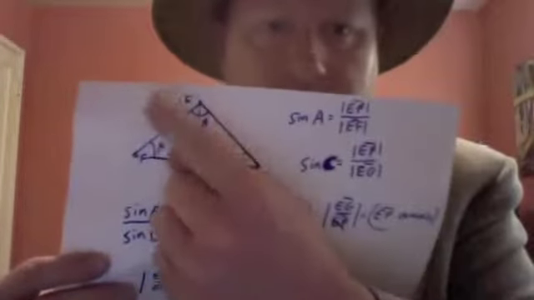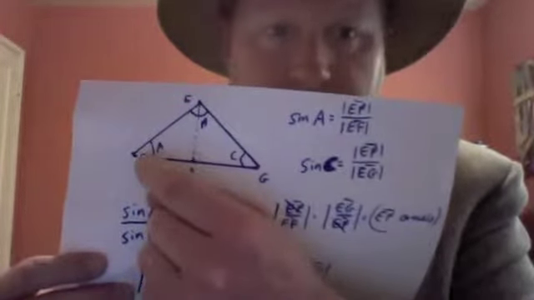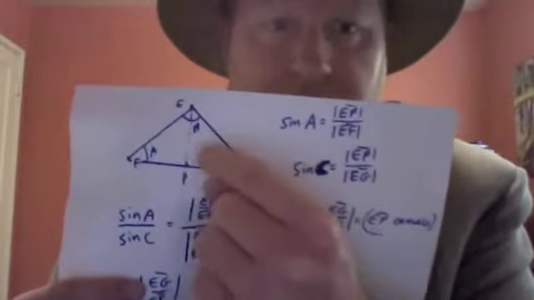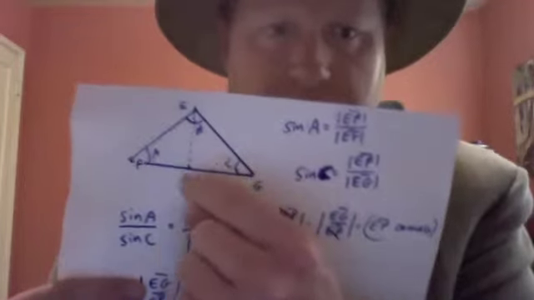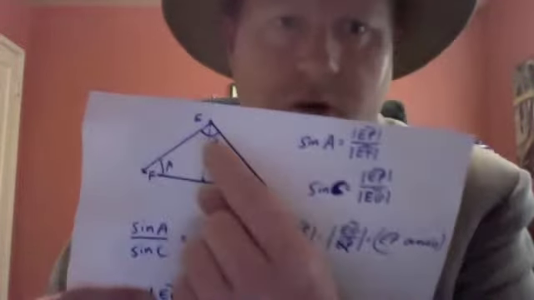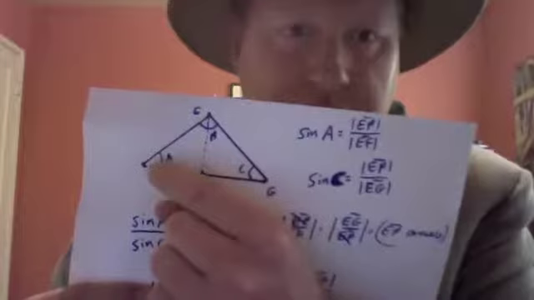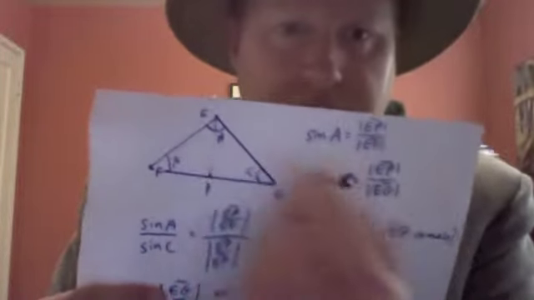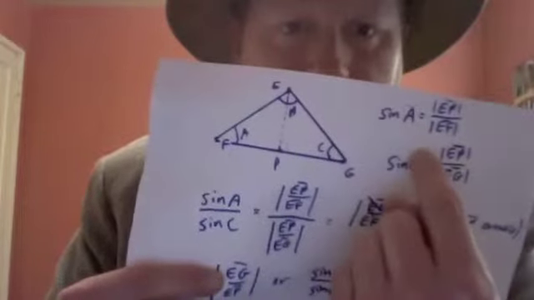Now, what is the sine of angle A? I should have a little angle symbol for A there, but we'll worry about it for now. The sine of angle A is going to be EP, the side opposite, over EF, the hypotenuse. Opposite over hypotenuse: EP over EF.